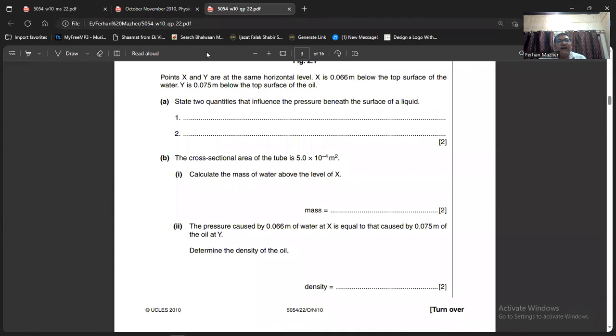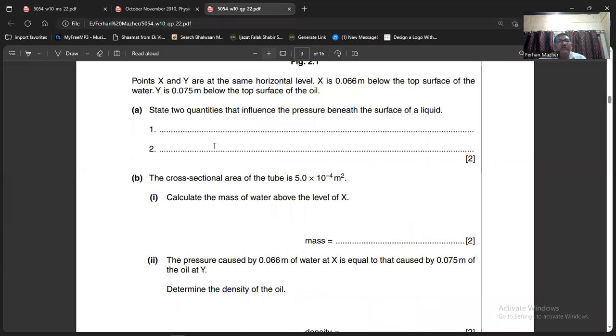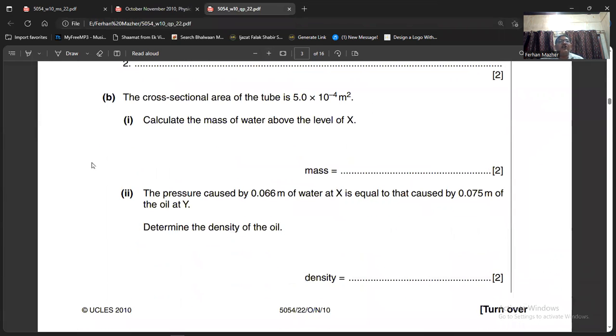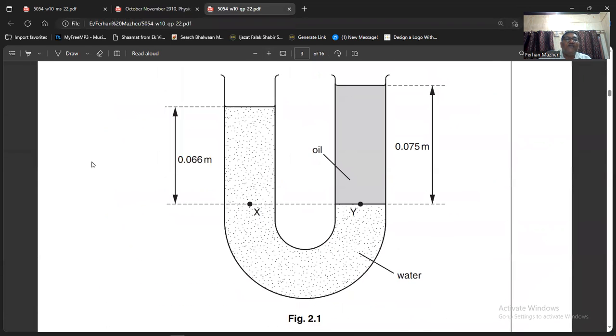Question number 2, B part. In question number 2, B part, he says the cross-sectional area of the tube is 5 × 10^-4 meters squared. First part is calculate the mass of the water above the level of X. So we have to calculate what is the mass of the water. We know the depth of the water above this point, that is 0.066 meter.